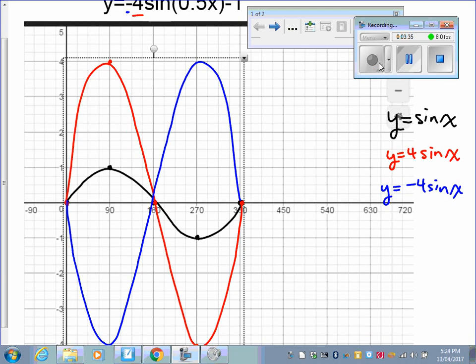All we've really done is flip all of our y values to the negative. So positive 4 becomes -4, and 0 still stays 0 for each of the zeros on the red graph. Any negatives become positive, and any positives become negative. And so we have this blue curve as a result.